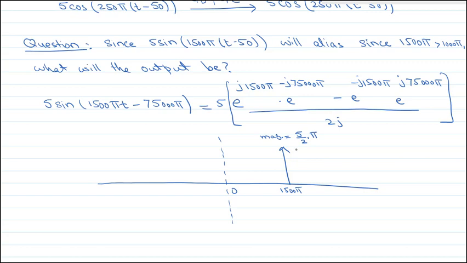And the phase of this is equal to minus 75,000 pi minus pi by 2, where this minus pi by 2 is, remember that 1 over j is simply equal to e to the minus j pi by 2. Okay, this magnitude is actually, I shouldn't have 2 there, this should be 5 pi.